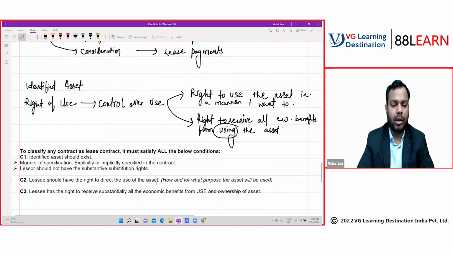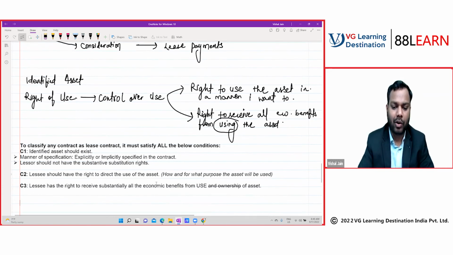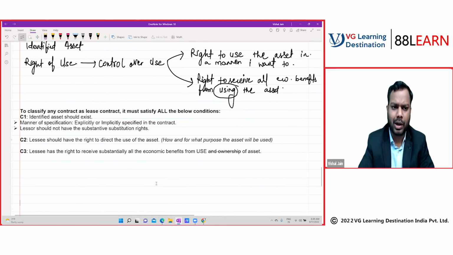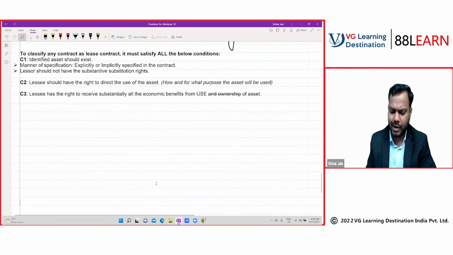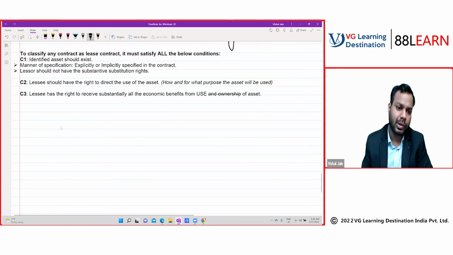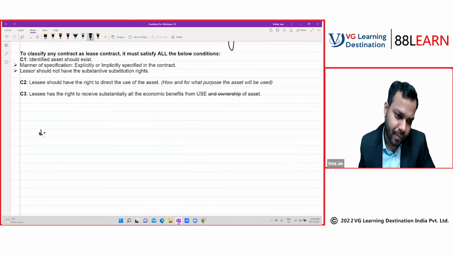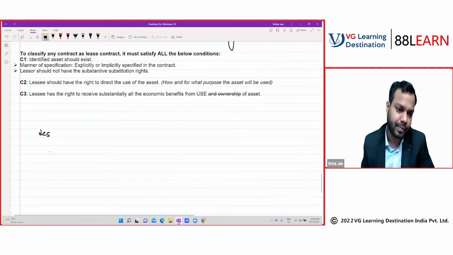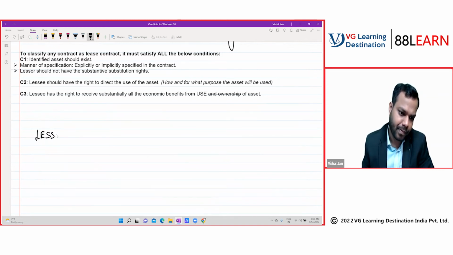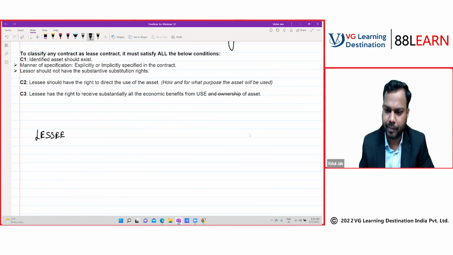Now, the lessee has the right to receive substantially all the economic benefits from use and ownership of the asset. Let me give you one example for this, though I believe I have already explained it. Let's suppose this is a lessee and this is the lessor.